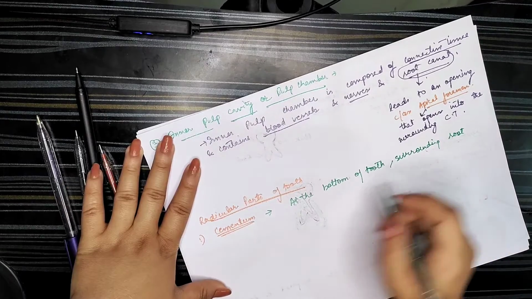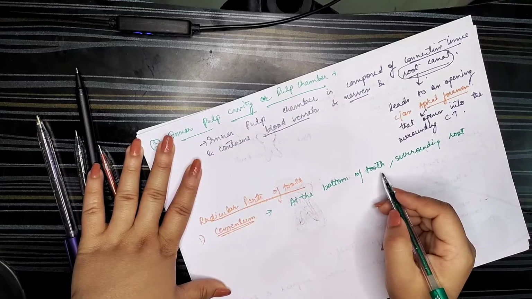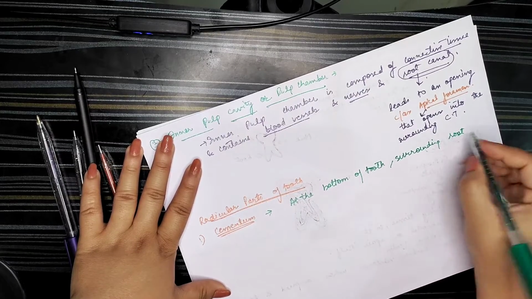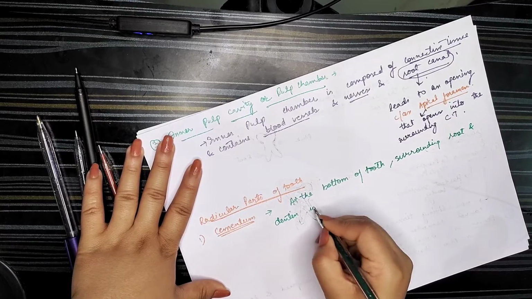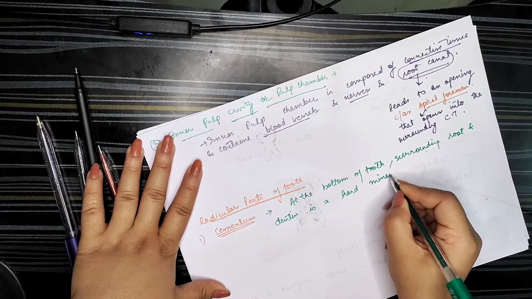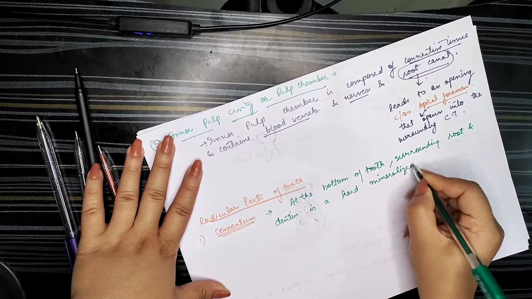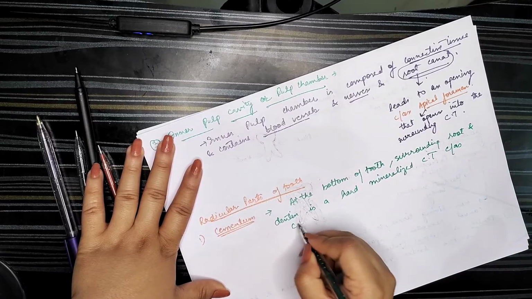So for radicular parts, first is cementum. At the bottom of the tooth, surrounding the root canal and dentine, is a hard mineralized connective tissue called cementum.